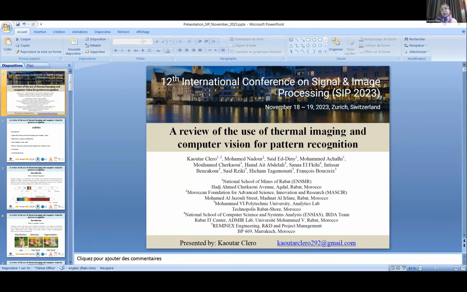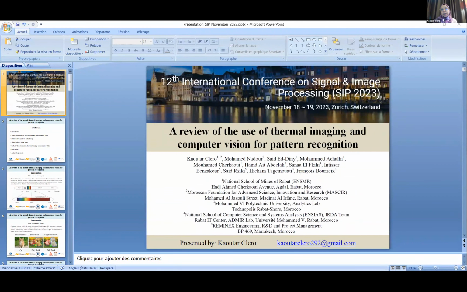And we try to classify these articles we reviewed into their main topic. First of all, we have the topic of living being characterizations. Some articles focus on human being characterization through thermal imaging and computer vision, and others on animal characterization.